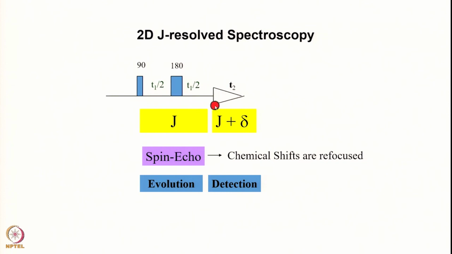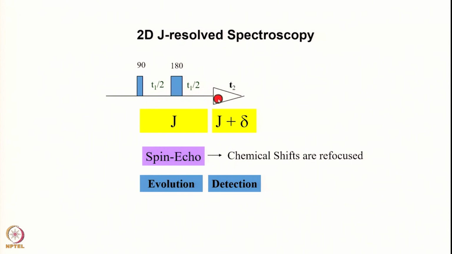But we have put a 180-degree pulse in the middle itself, that does not matter, we can do that, but the time is incremented here. What is the consequence of this? From here to here, this is an incrementable time, we are going to collect various FIDs with incremented t values, as a function of t2.